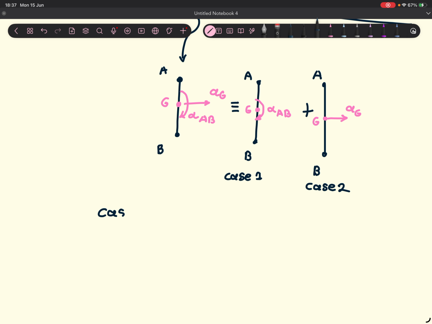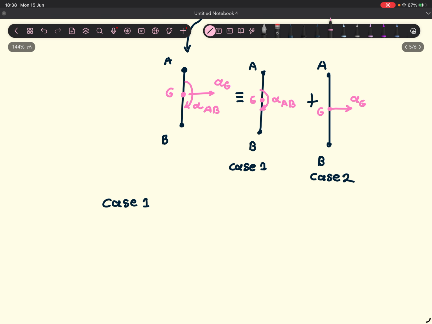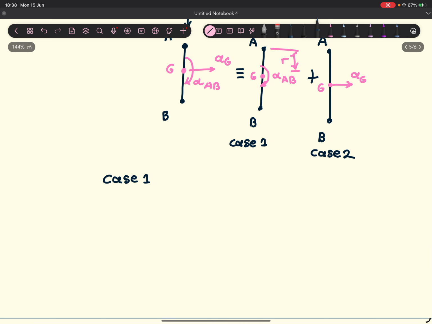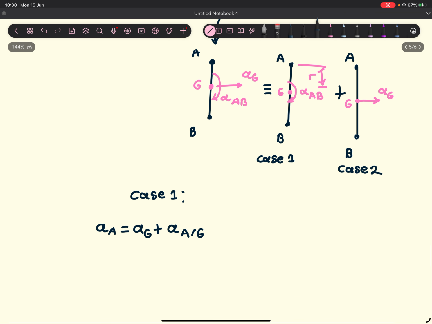So if we look at case 1 and we write the equation for the relative acceleration of points A and G, I'm just going to call this R. We have acceleration of A is equal to acceleration of G plus acceleration of A relative to G. For case 1, we have pure rotation, so point G is not accelerating.